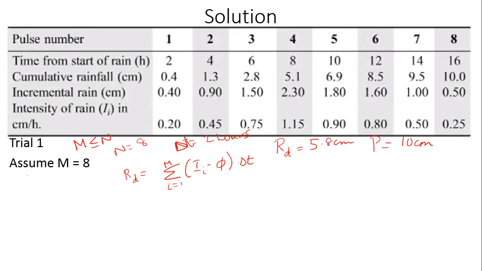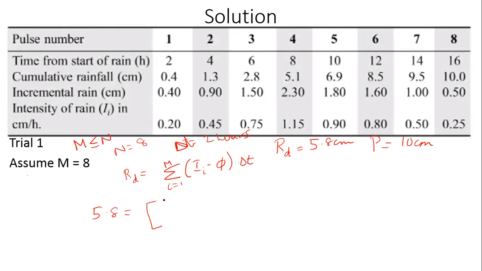Now, I don't want to write out the entire equation, but it will look something like this. 5.8 equals, I'll write it like this. What is the rainfall intensity in the first interval, i equals 1?